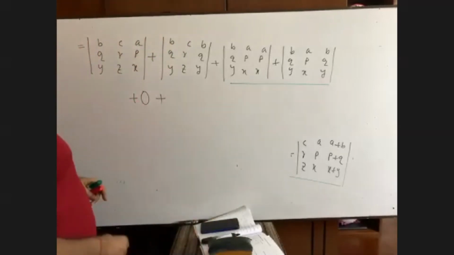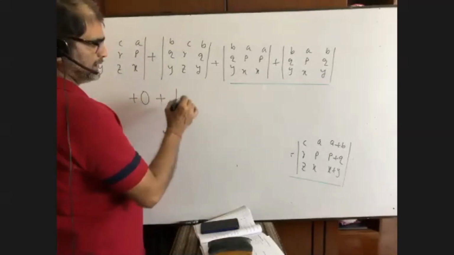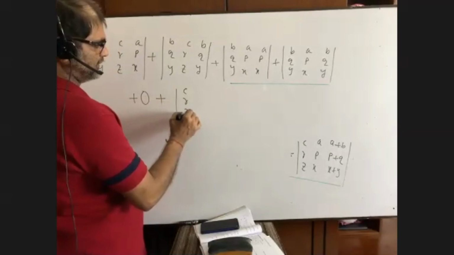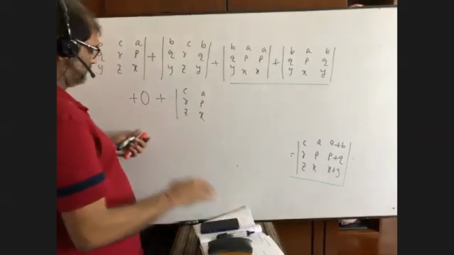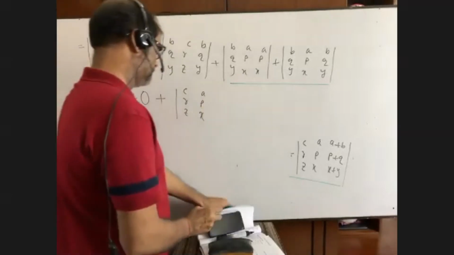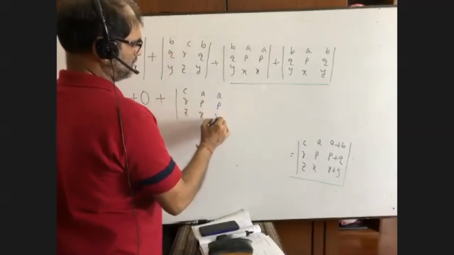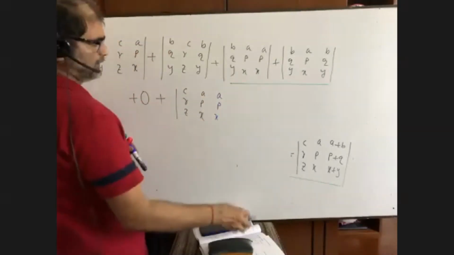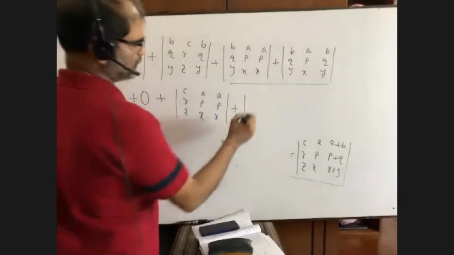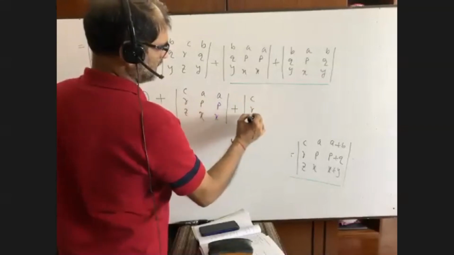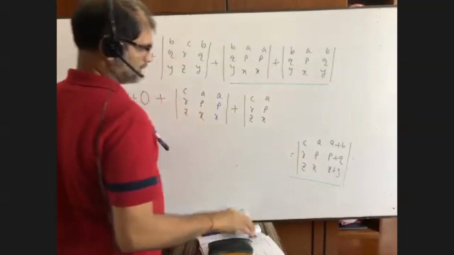Now go to the last part. Last part means what? Can you please let me know? It is C, R, Z, A, P, X. Then we can write again APX, plus C, R, Z, A, P, X. Then what?